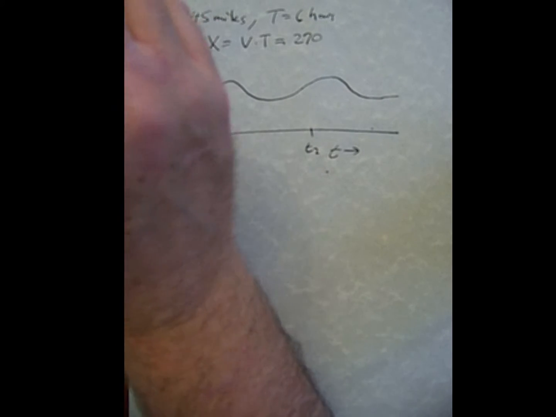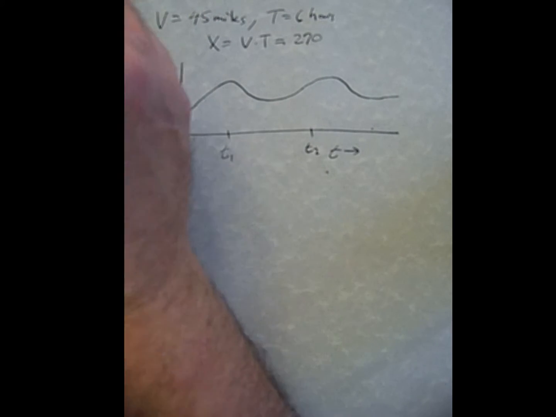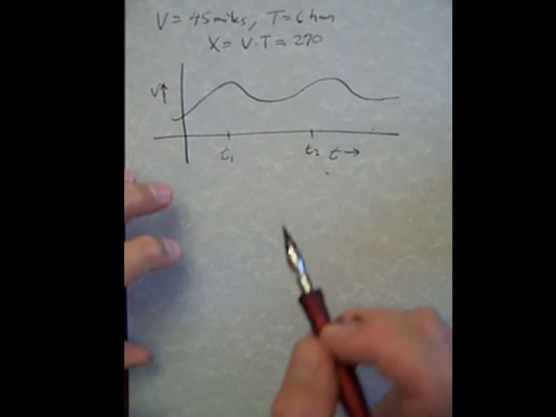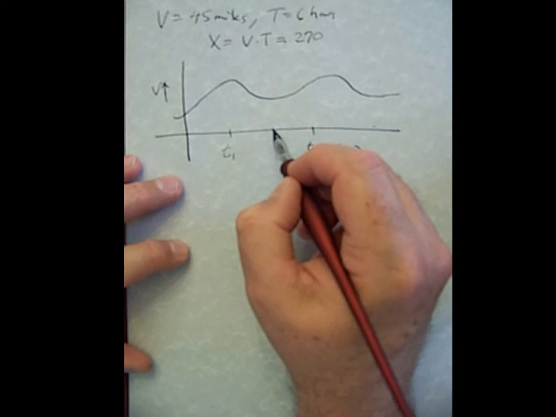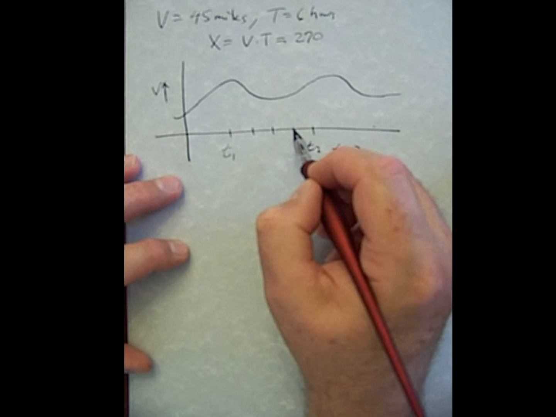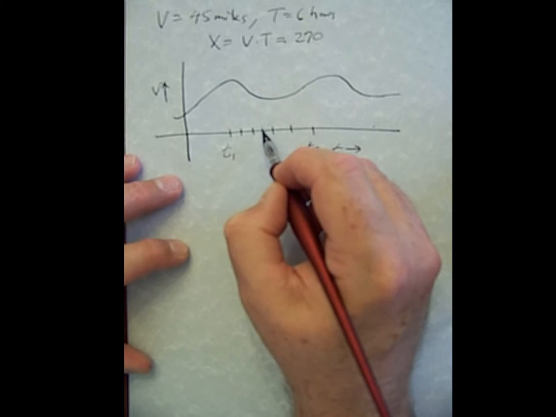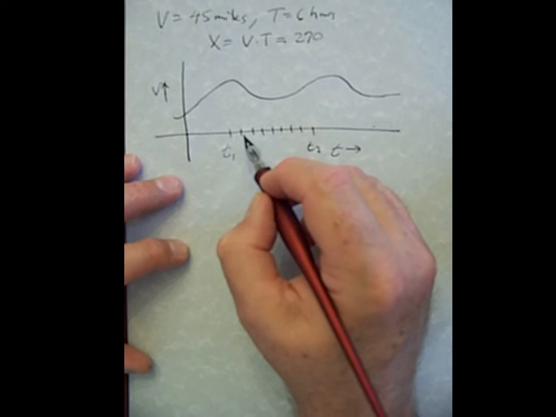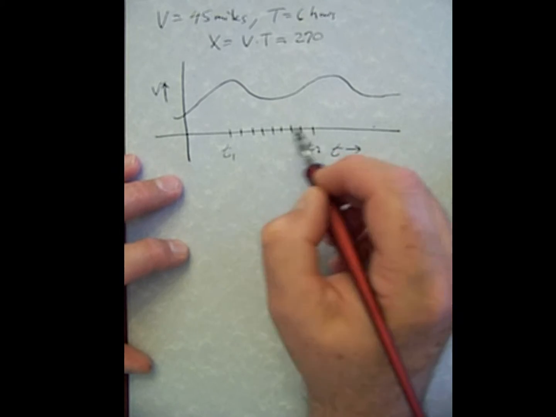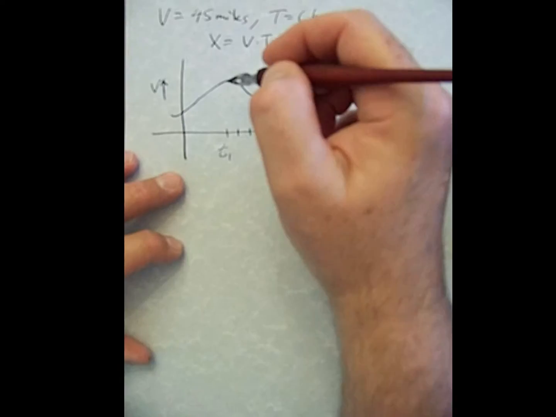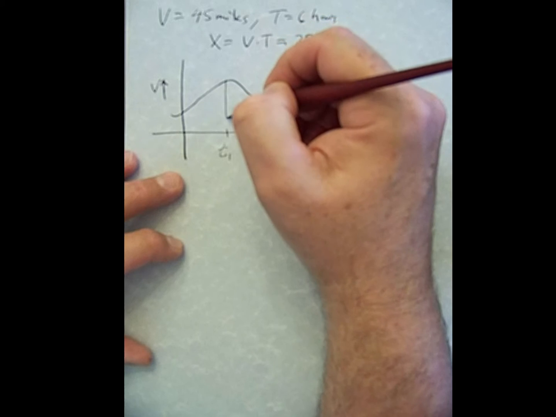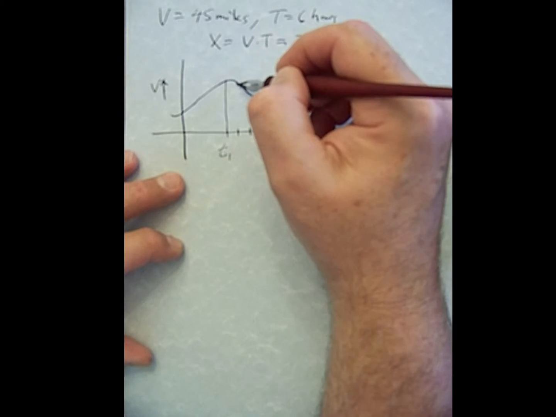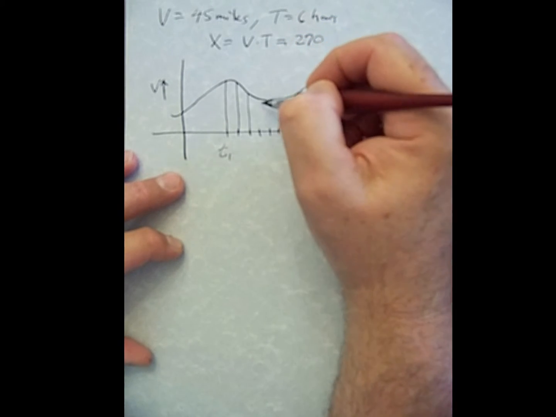Sometimes we have to do a little bit more, but let's say that every so often, and this is 1, 2, 3, 4, 5, 6, 7, 8. Let's just say this was an 8-hour trip, and every hour we measure what our velocity is.